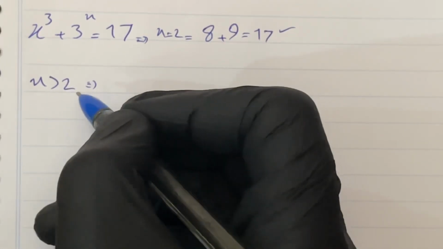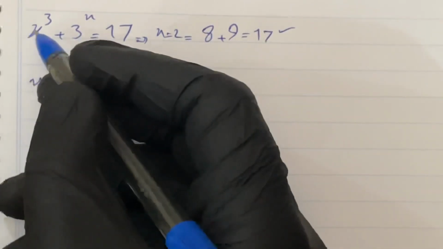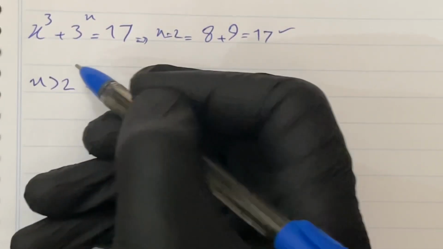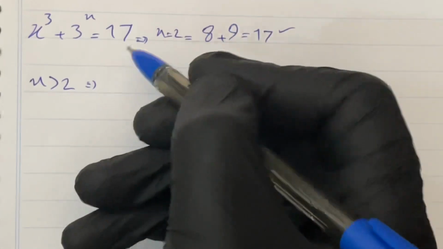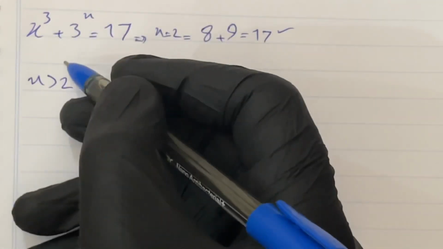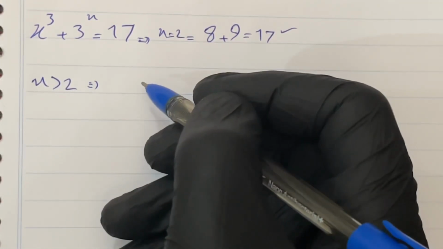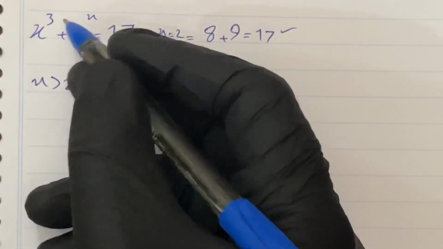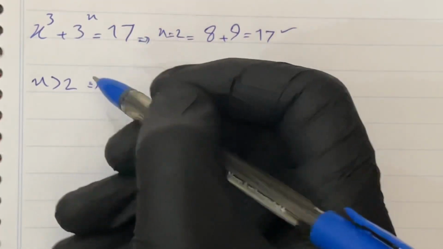If x is bigger than 2, then this whole function is continuous and increasing. You can just see it, and obviously you have an insight of it.